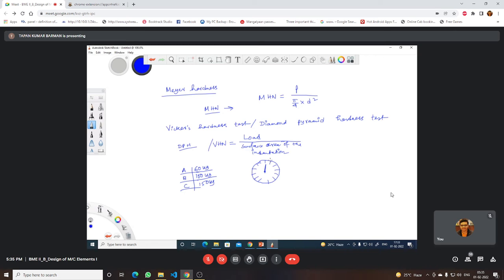Corresponding to one load, there is one letter, A, B, C. So we can say HRC, HRB, HRA, where the letter may be a subscript. Based on the scale selected for the test, we can say whether it is HRC, HRB, or HRA. So this is the principle of different indentation hardness measurement. From your side, is there any question? No, sir. Okay.